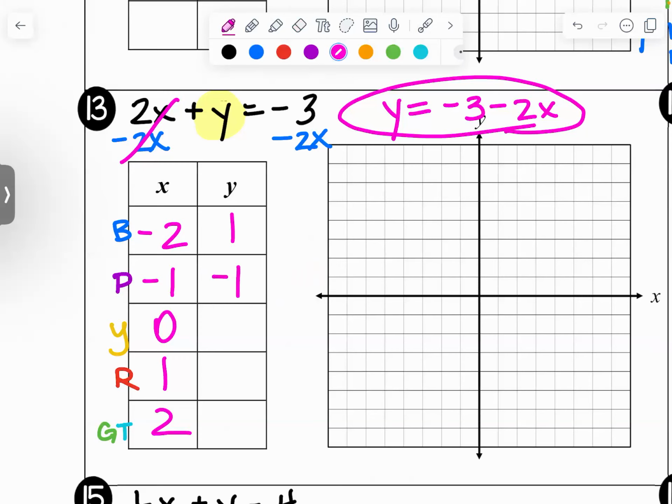Yellow, when we plug in 0, we get -3. Red, when we plug in 1. Green and teal, when we plug in 2, -7.